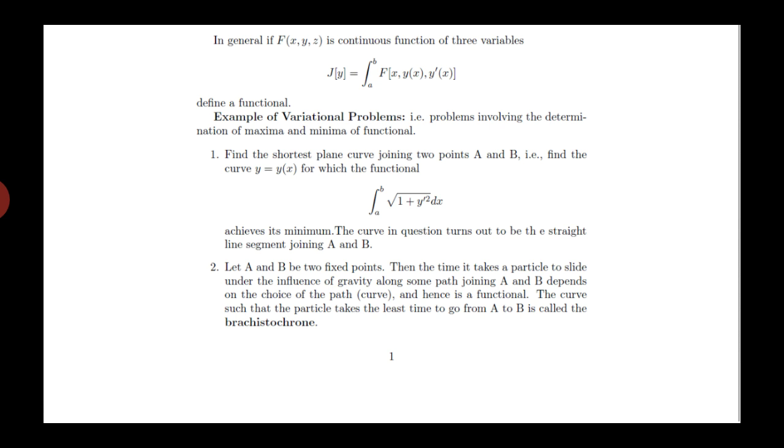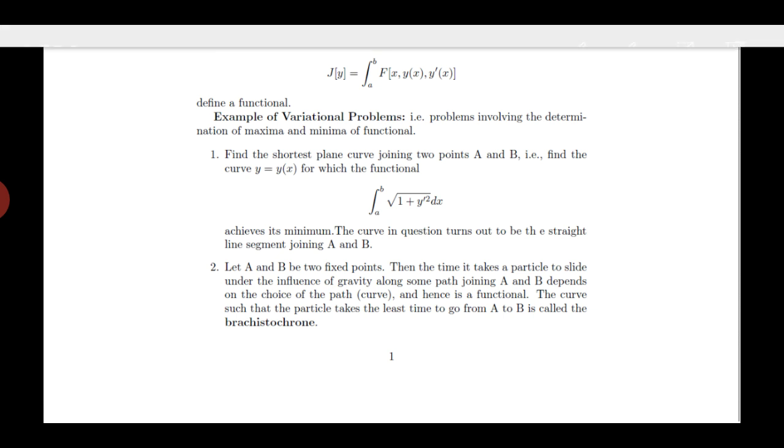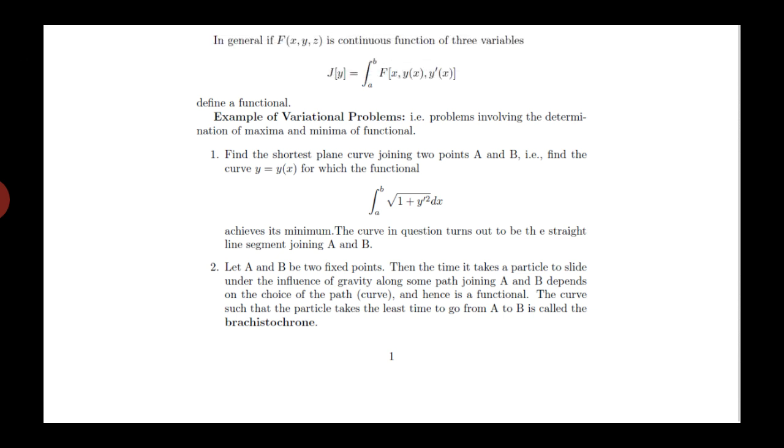The shortest distance from A to B, the curve, is basically a straight line. This functional is basically the distance: you take a curve element ds. Let me draw this so that it becomes more clear. Here is your curve.